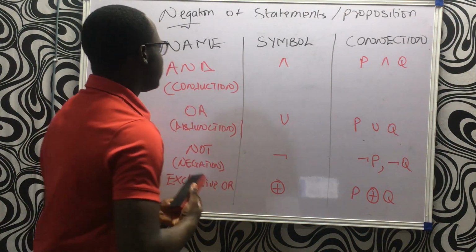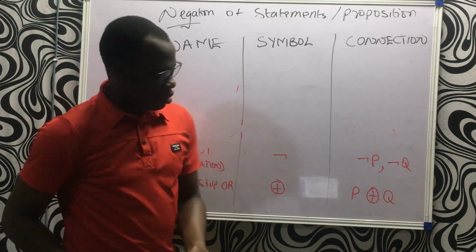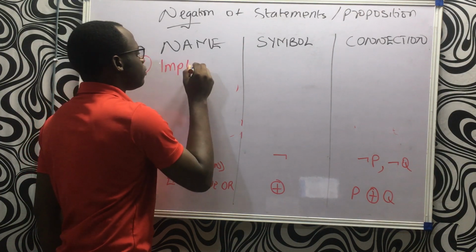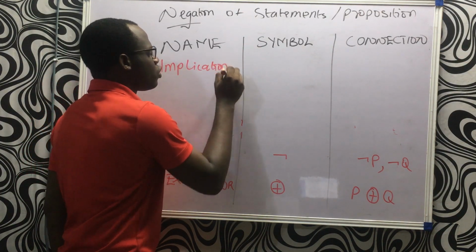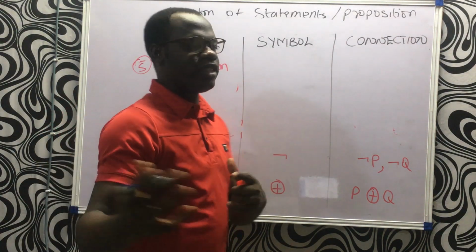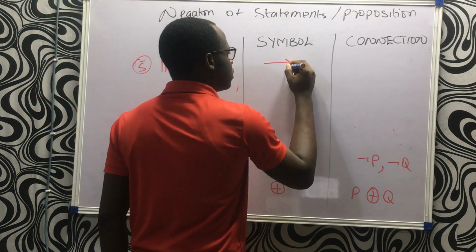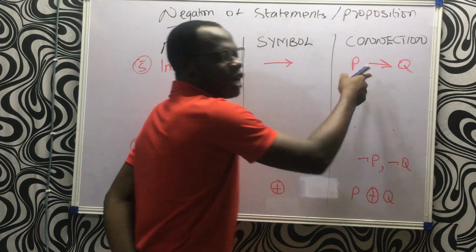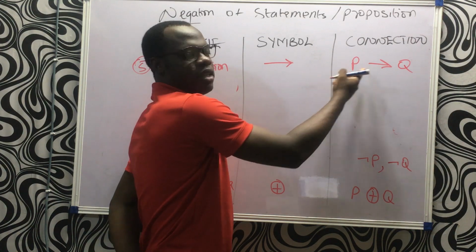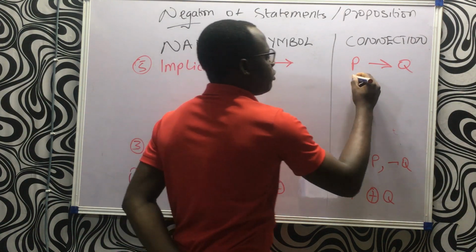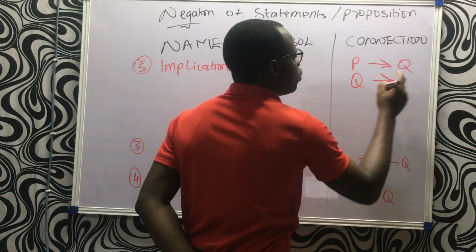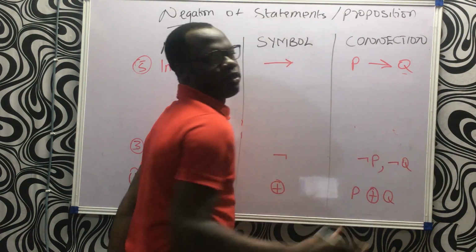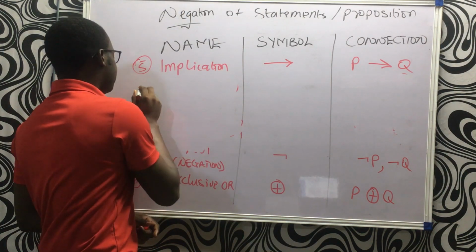We also have the implication, where you say P implies Q. This is the symbol, and then you have this. So when you have something like this, the interpretation is P implies Q. And same thing, when you have something like this, it becomes Q implies P or implies R. Then we also have another one known as double implication.